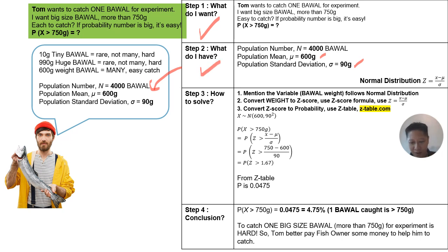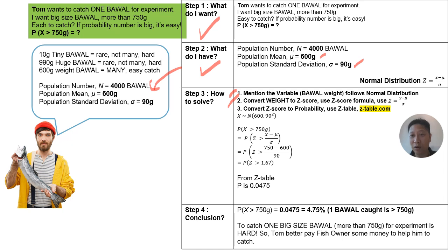How to solve the problem? There will be 3 steps to solve it. The first step is we want to mention that our variable, the bawa weight, follows the normal distribution model. The second step is we want to convert the weight of what we want, that is 750 gram, to a z-score, the z number.